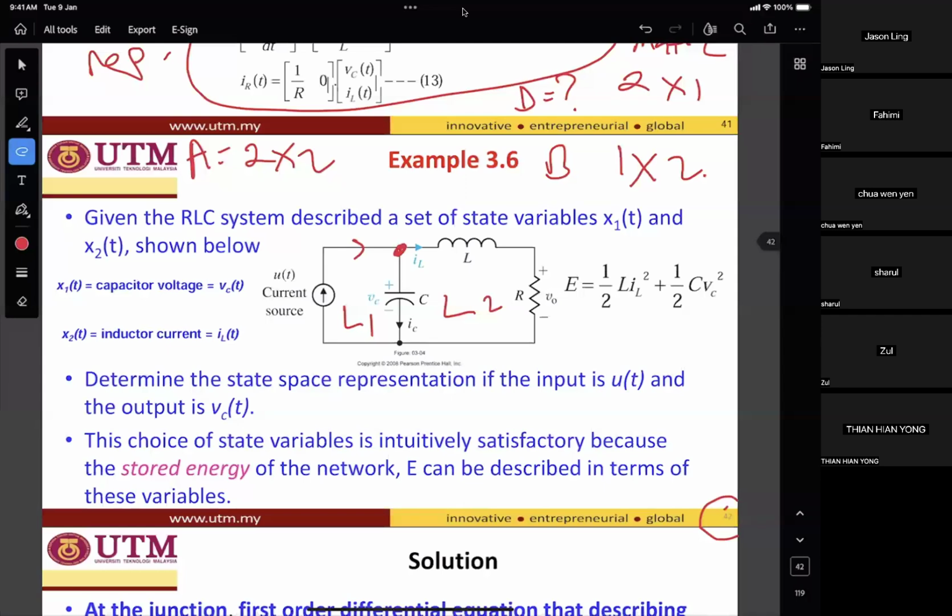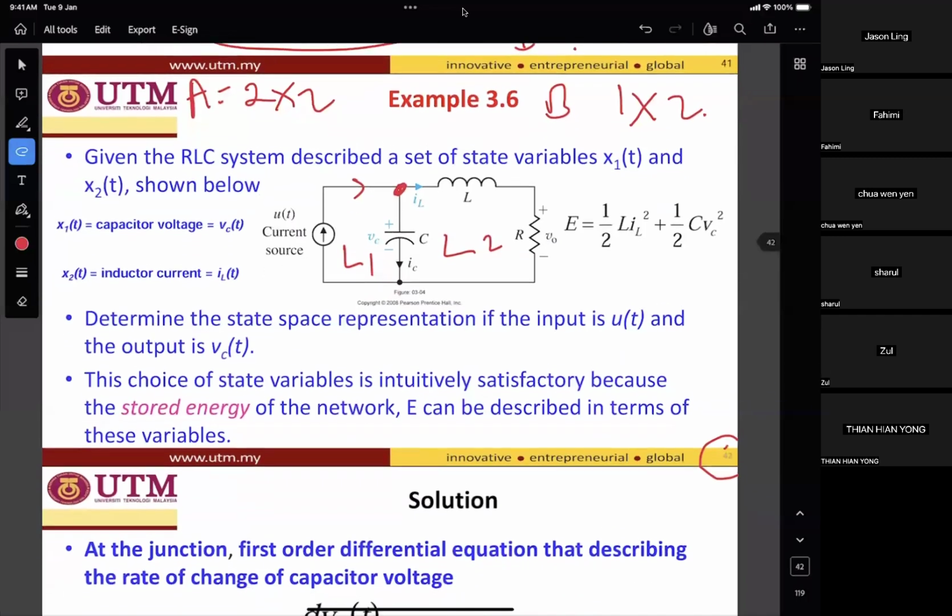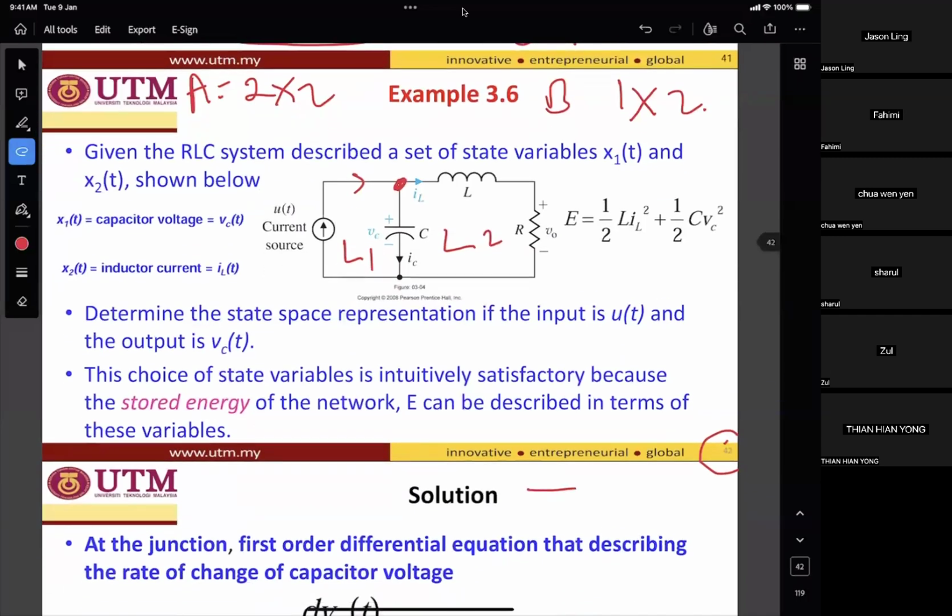So what is the current over here? u(t) is the main current, then this one is IL, and this one is IC. Now the state variables are x1, VC, and x2, IL. So that is the state variable.